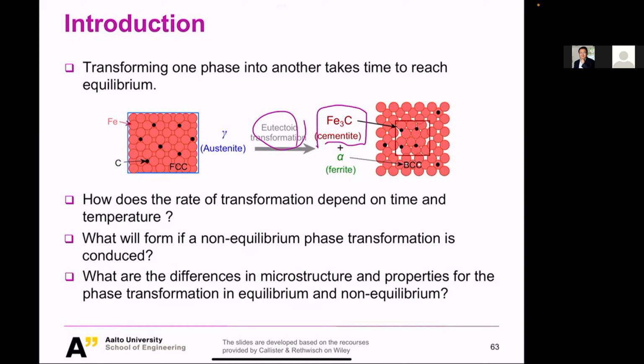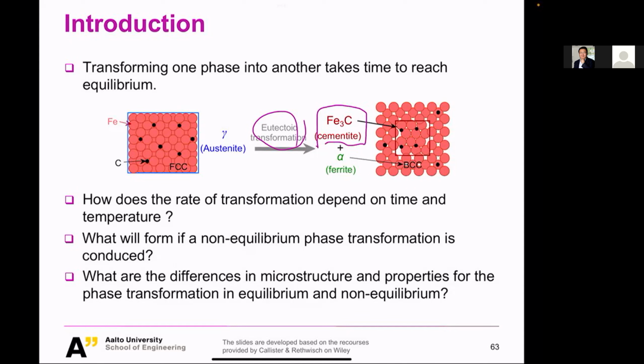That will become your ferrite, because, remember, the maximum solubility of carbon in ferrite is 0.02%. So this is what is happening. The carbon atoms are moving towards one place and leaving out another place. And this is the mechanism.